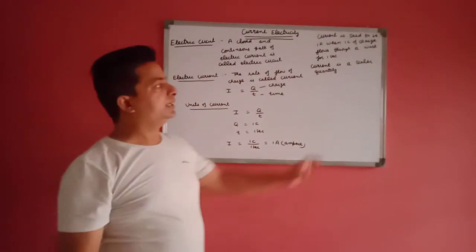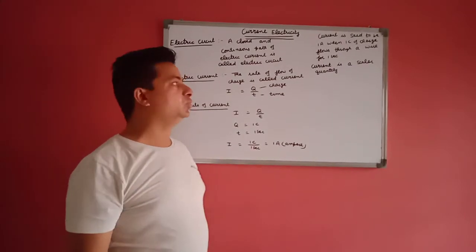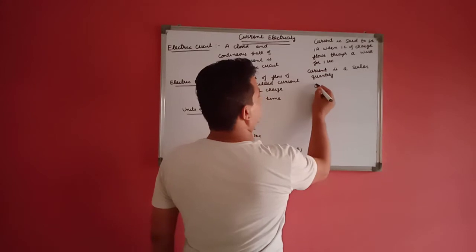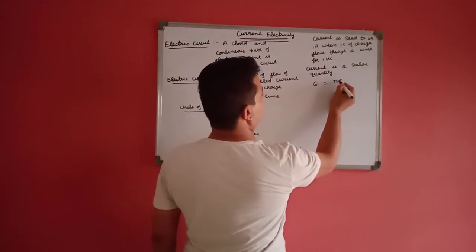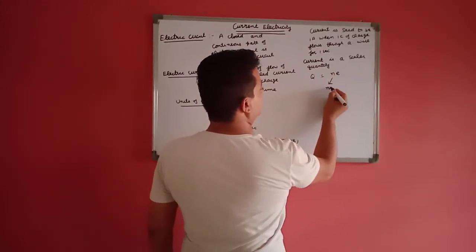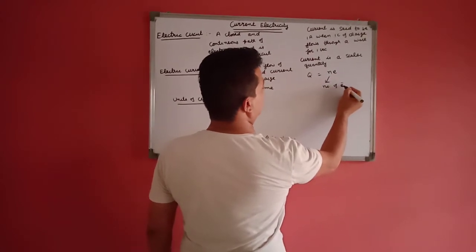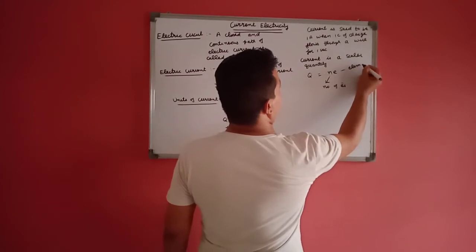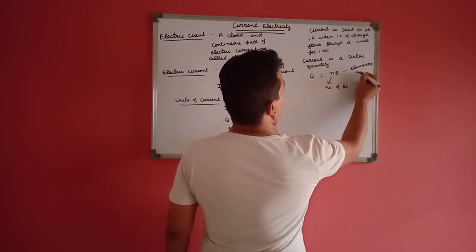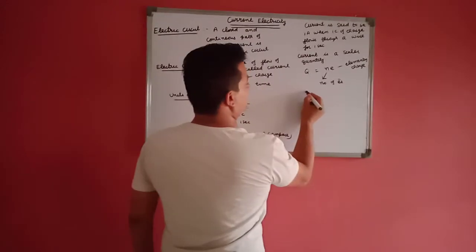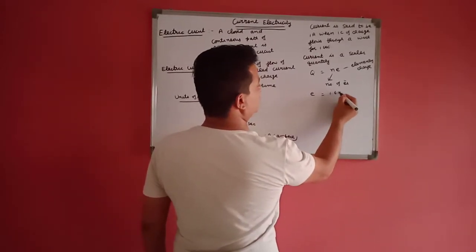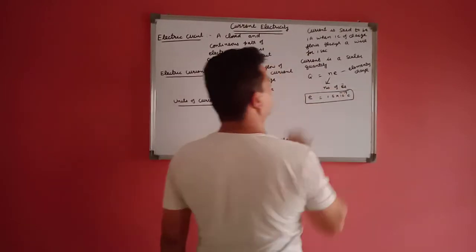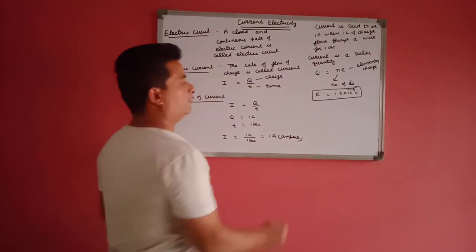Direction of current is always opposite to the flow of charge, and Q is equal to Ne, where N is the number of electrons and e is the elementary charge. Its value is always constant, 1.6 into 10 to the power minus 19 coulomb.